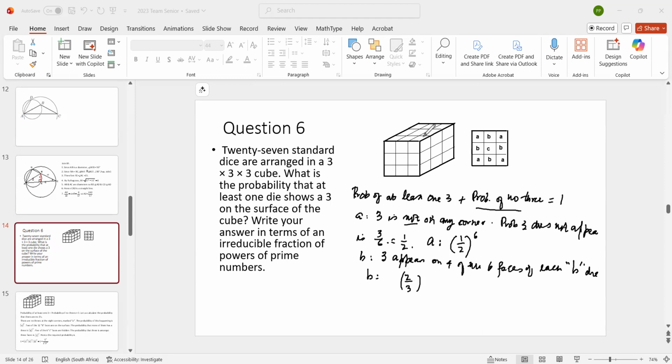You got 4 on each slice. At the top, you got 4. In the middle, you got 4, those 2. Oh, wait a minute. You got 4 at the top. And then, yeah, in the middle, you got another 4.